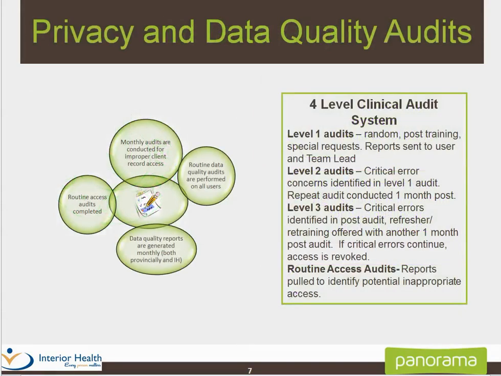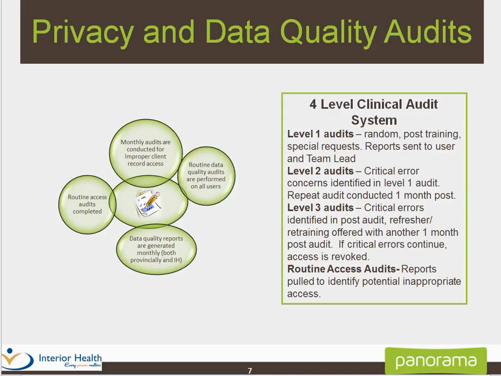User access and documentation will be audited on a regular basis. These audits are completed both provincially and by our IH Panorama team. Audits can identify both improper access as well as data quality.